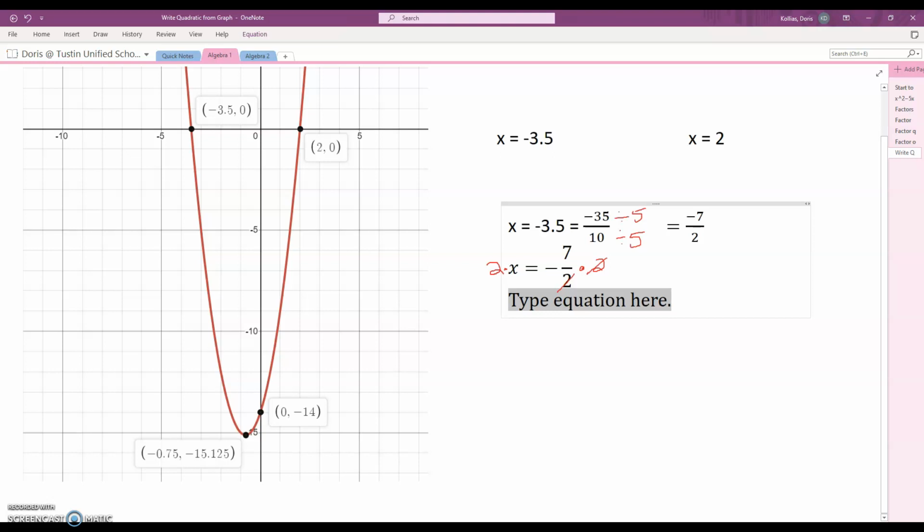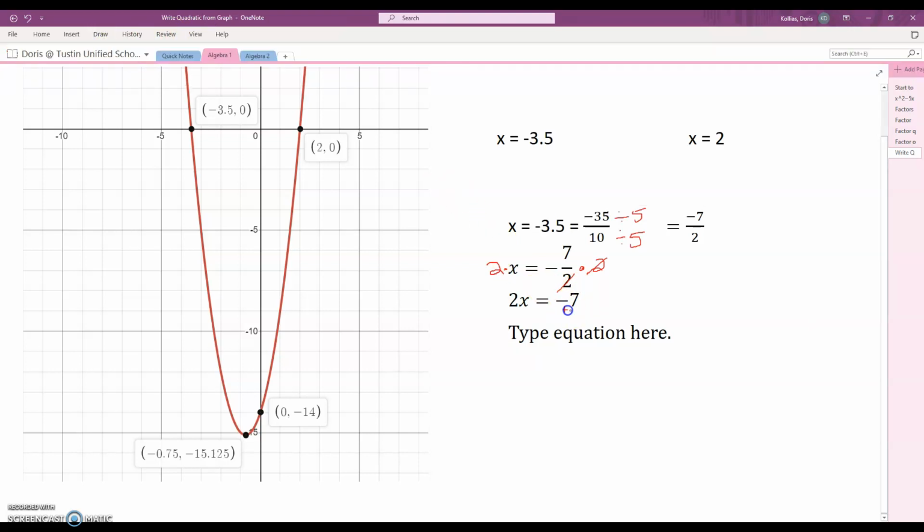What we have now is 2x is equal to negative 7.